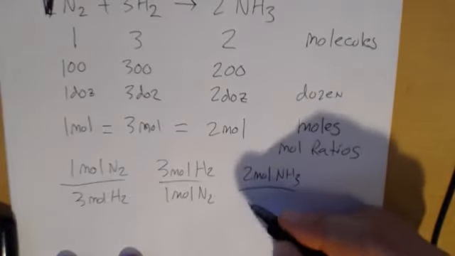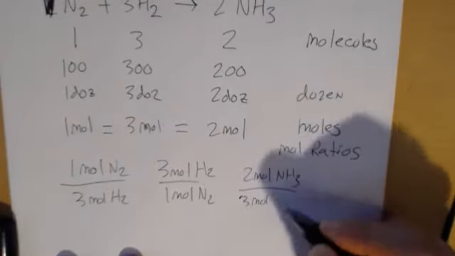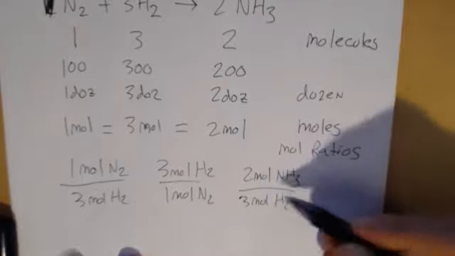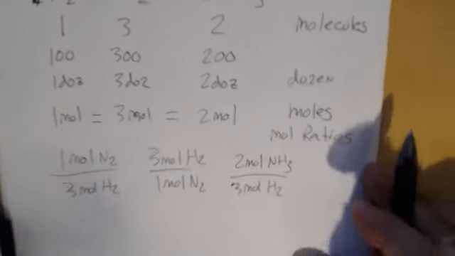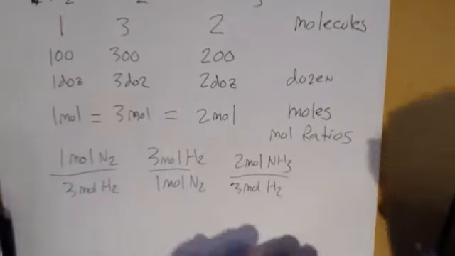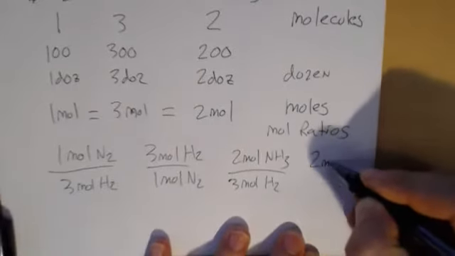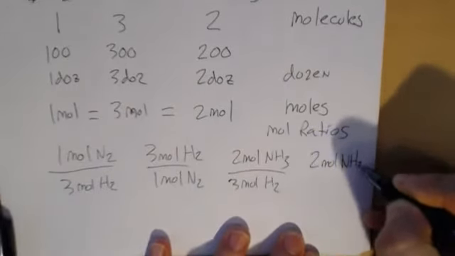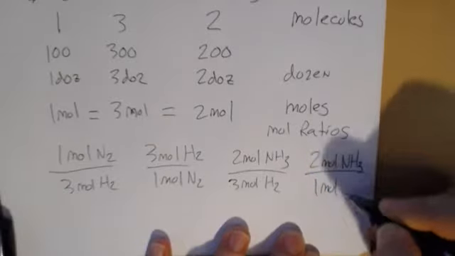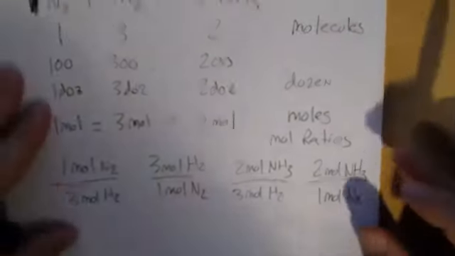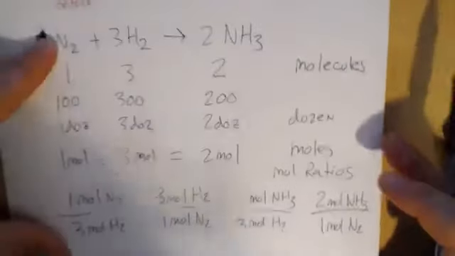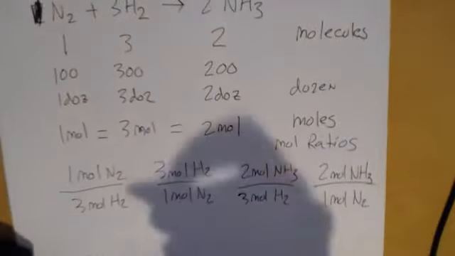Or 2 moles of NH3 over 3 moles of hydrogen, and this one could be flipped over. Or 2 moles of ammonia over 1 mole of nitrogen, and this one could be flipped over. There are actually 6 different conversion factors. So this is a very simple reaction, but it has many different quantities.